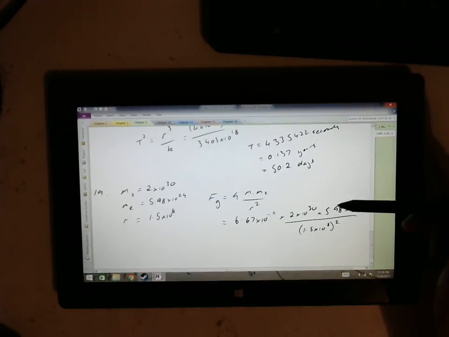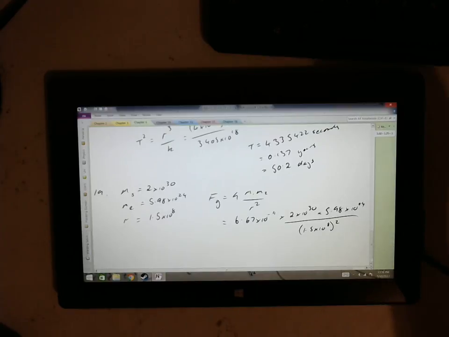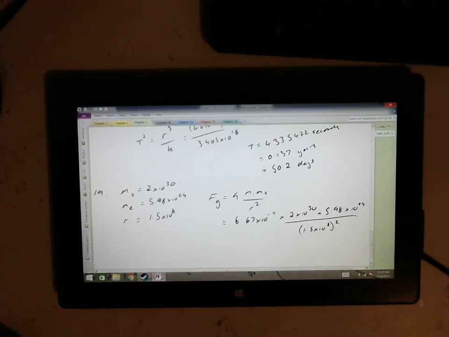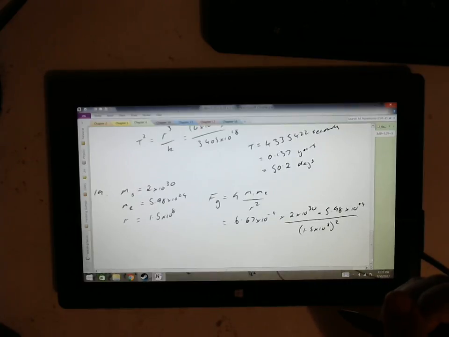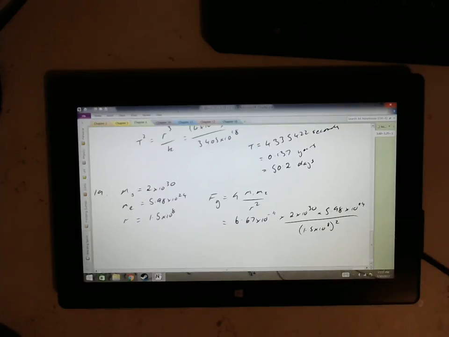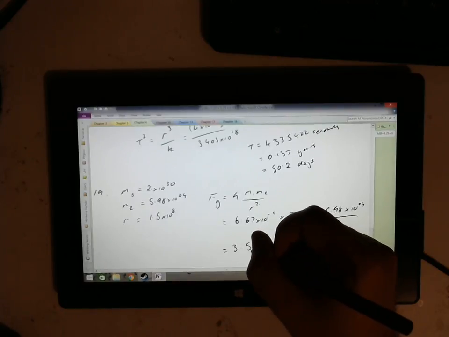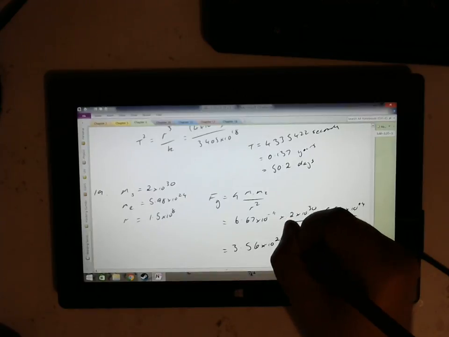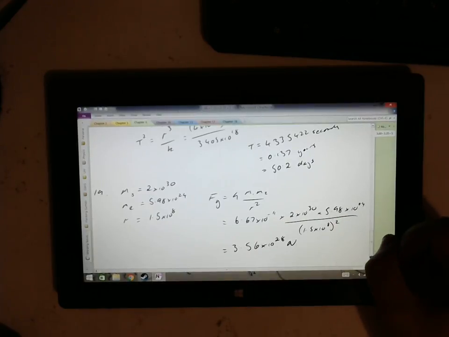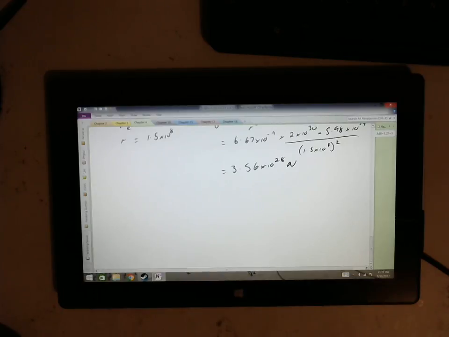So let's see, 54 take away 11 would give us 43, and that gives us 44. Good, so that's on track. Divided by 1.5 times 10 to the power of 8, square that, gives us a force of attraction between the two of 3.56 times 10 to the power of 28 newtons. It is a force, we're still using newtons. Okay, pretty straightforward.